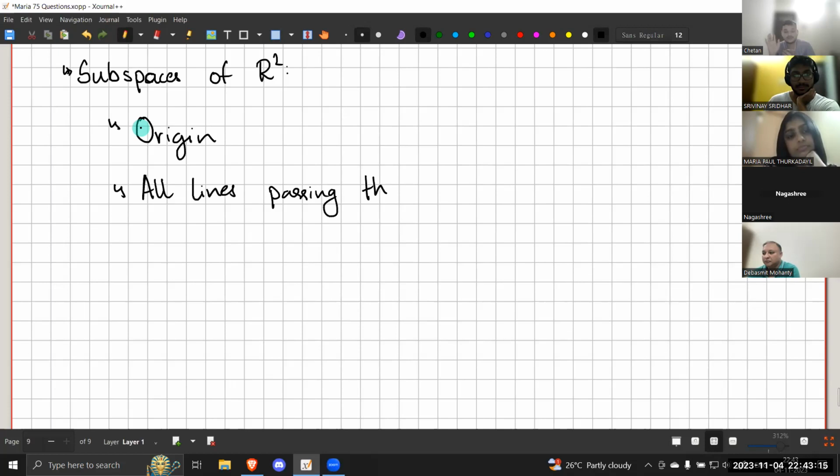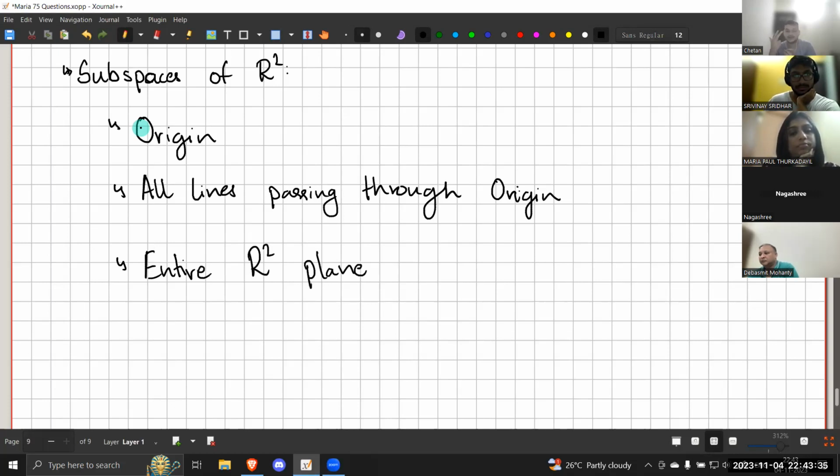We have to include their addition as well. That we call linear combination. After we take linear combinations, we get an entire plane, and that spans the entire R². So: origin, all the lines passing through the origin, and the entire R² plane. These are the possible subspaces of R².